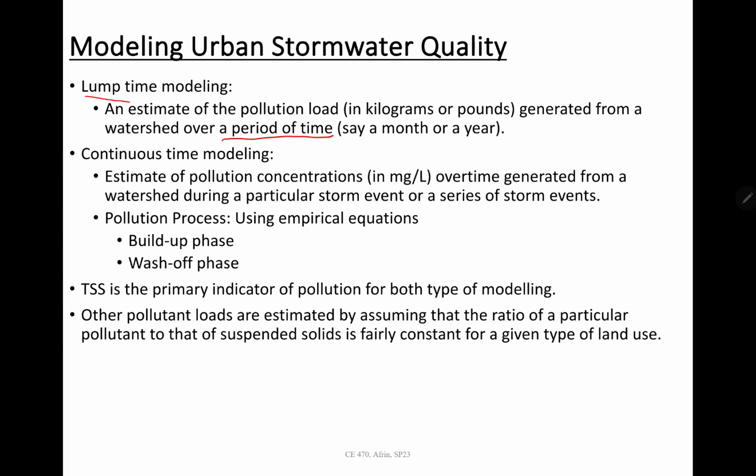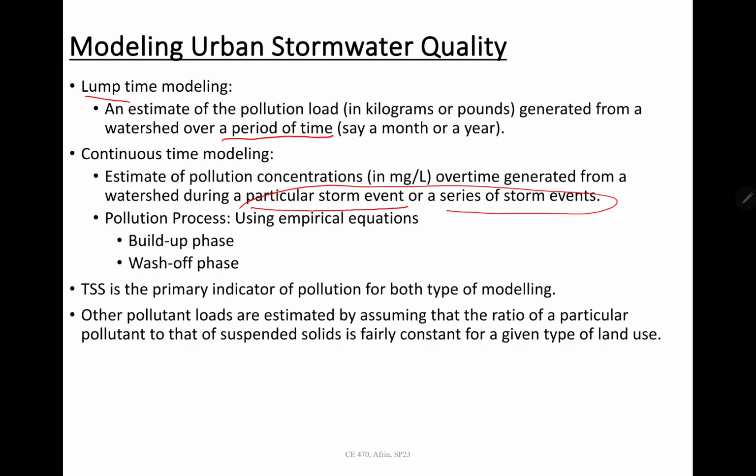Another one is continuous time modeling. The main difference is that it will estimate the pollutant concentration over time generated from the watershed during a particular storm event or a series of storm events. So basically, in between two storms, what is the total pollutants we can have.